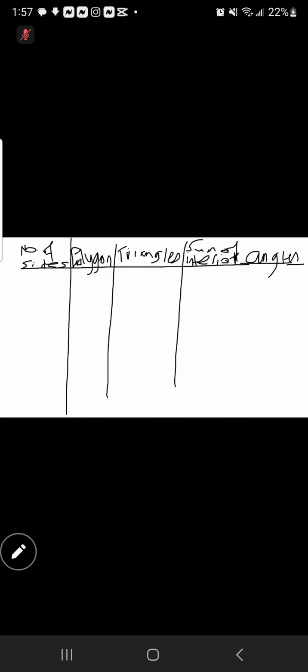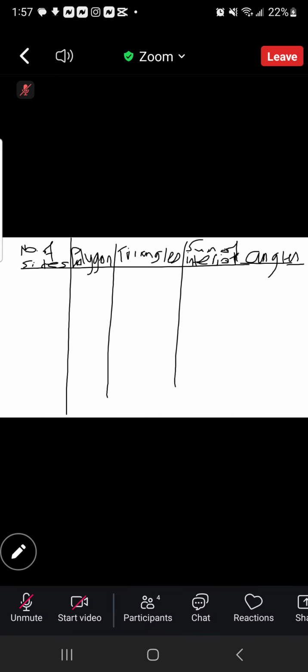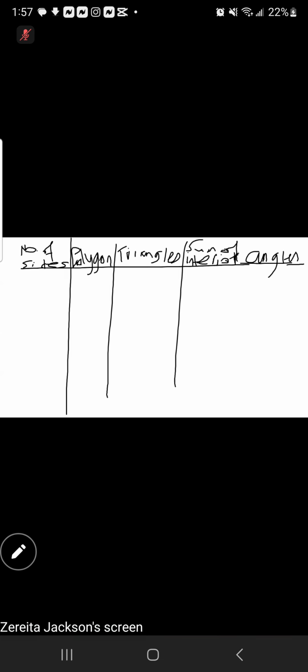All right, let's see if we have our headings clearly now. You should have 4 columns. What's the heading for the first column? Number of sides. Good. The second column? Name of polygon. The third column?